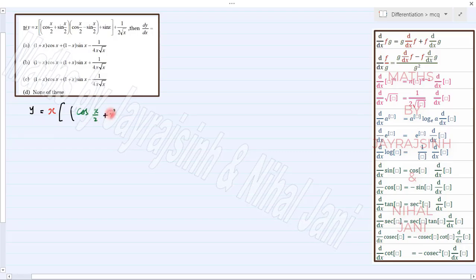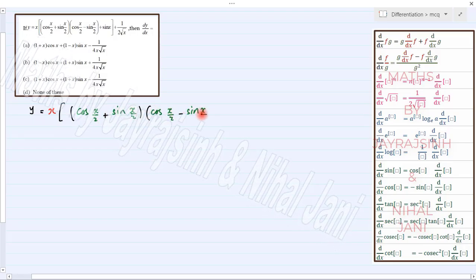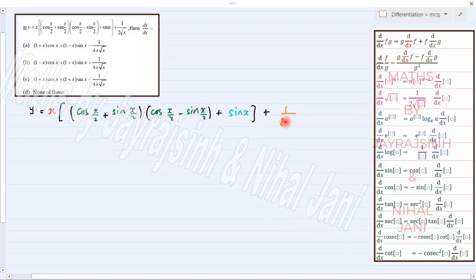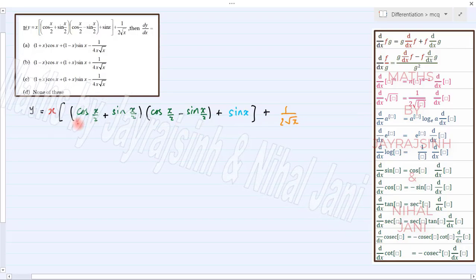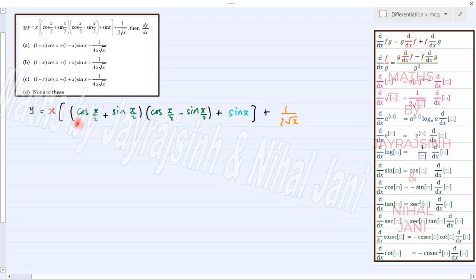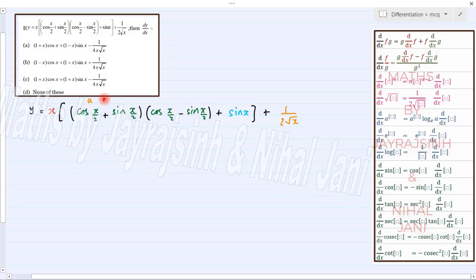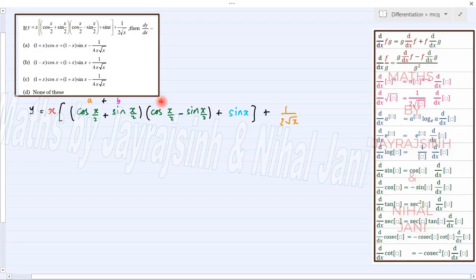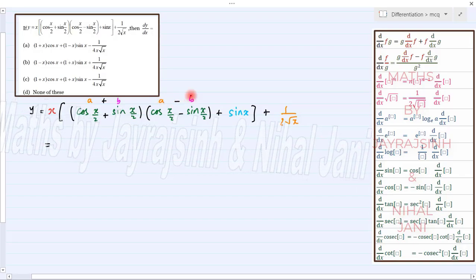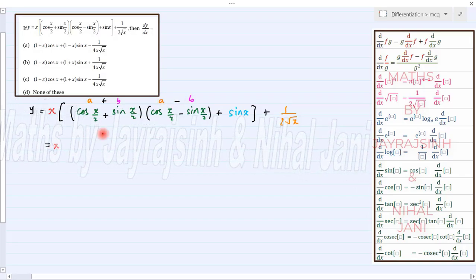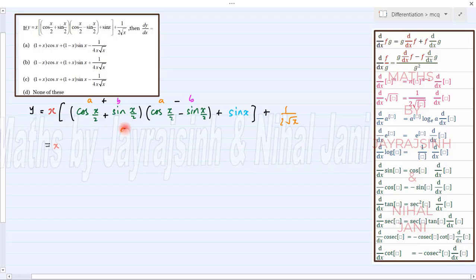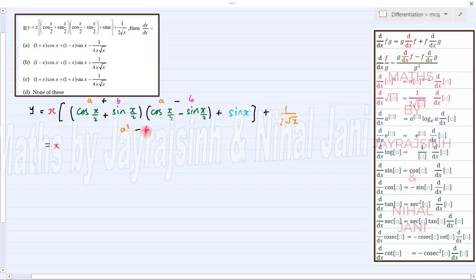If y is equal to x into this whole bracket plus 1 upon 2 root x, then we have to find out dy by dx. So before we go for differentiation, let's simplify. Here we have a plus b and a minus b within the multiplication. So it will be converted into a square minus b square.